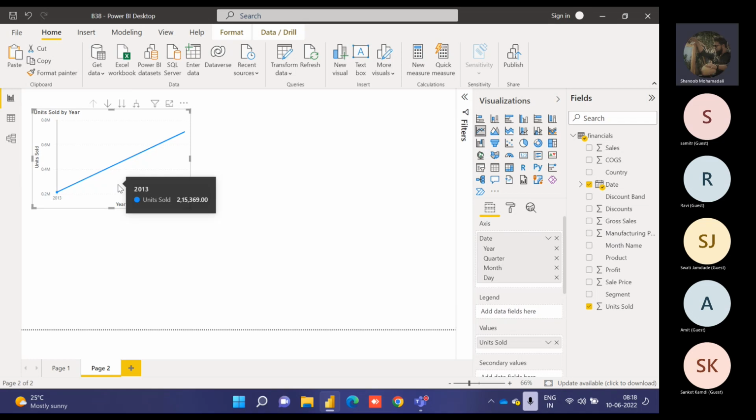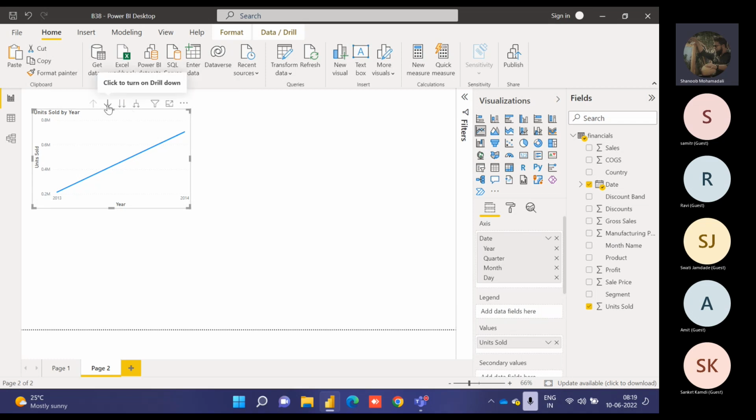But now let's say I need to show the details, the total units sold by quarters. So how will I go to the quarters? I have these four drill down icons built. For the other visualizations, we didn't have this. Why?